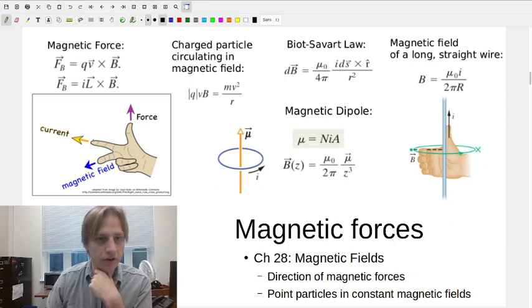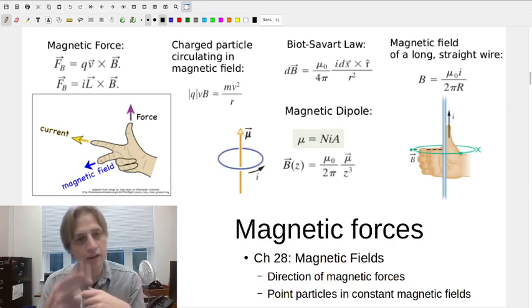Okay, so we have current is our finger. The magnetic field that's acting on the current is our middle finger, and then our thumb is the direction of the force. And the thing to keep in mind, the current and the magnetic field do not have to be perpendicular. In fact, you get the biggest force if they are perpendicular.